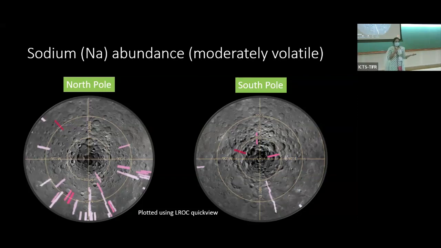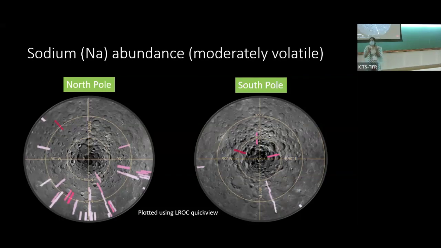So that was an important element to be mapped. And with CLASS, we do that. Again, because it's a weak line, you have very few points, but primarily we see that at the poles its abundance is quite high, just like for water, which means that there's certainly, as we know today, more volatile deposits happening at the poles, and there is a cycle to it.